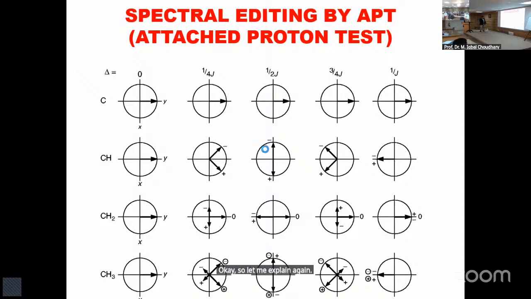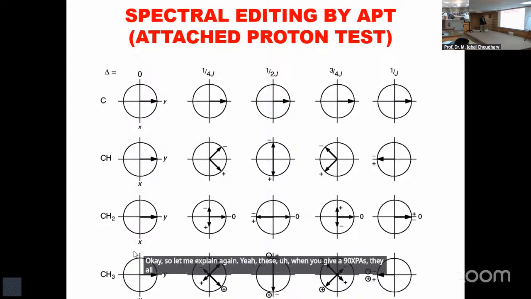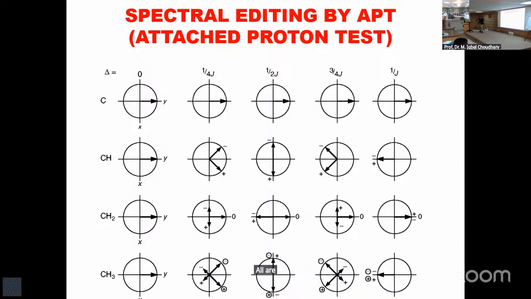You see, when you give a 90x pulse, they all are coherent. All are at the same time. Boom. You bring them on Y. Boom, right? And you don't expect them to be there forever. They have to split.